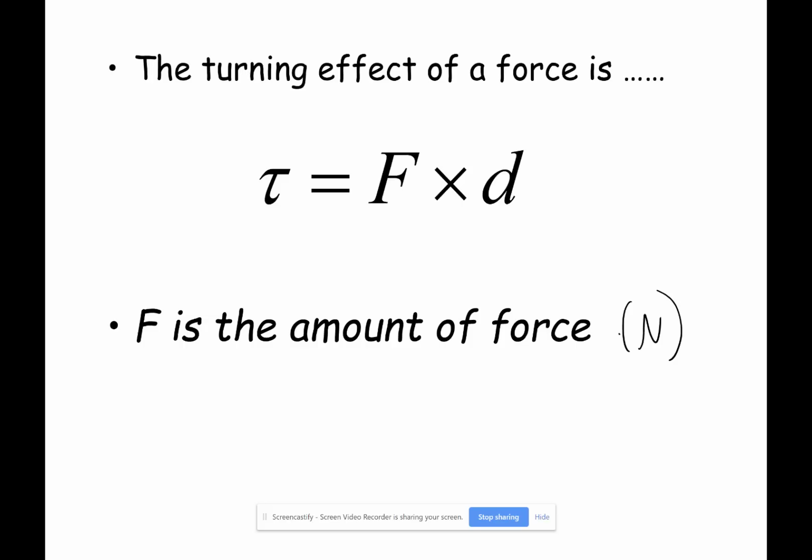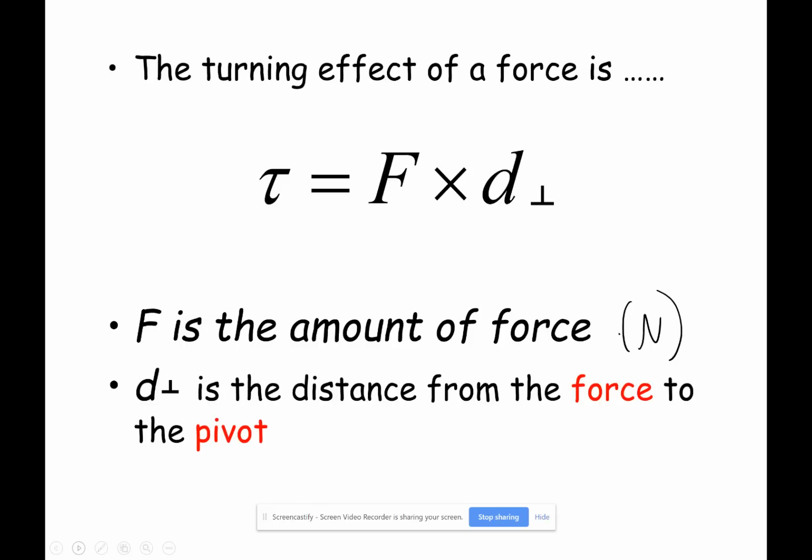Newtons. And then you have the distance. D is the distance from the force to the pivot point, and that is measured in meters.